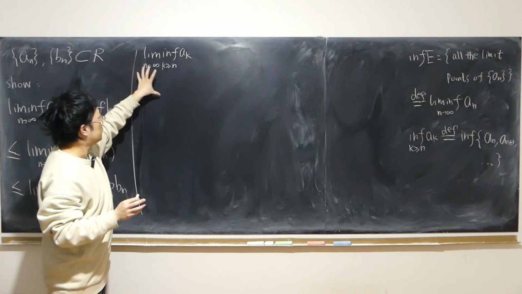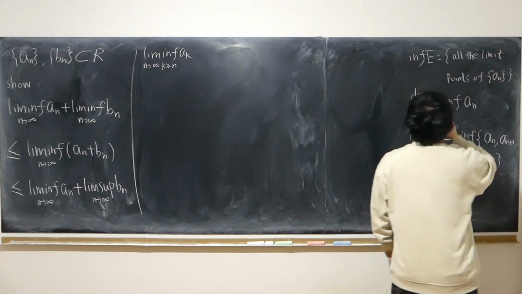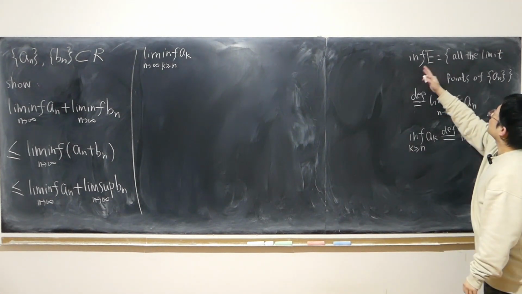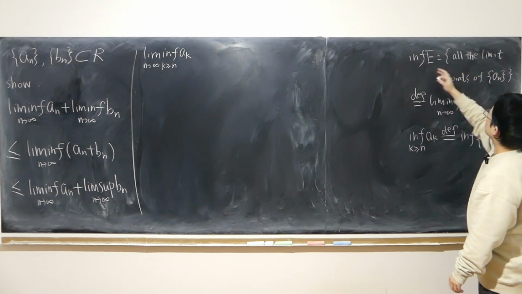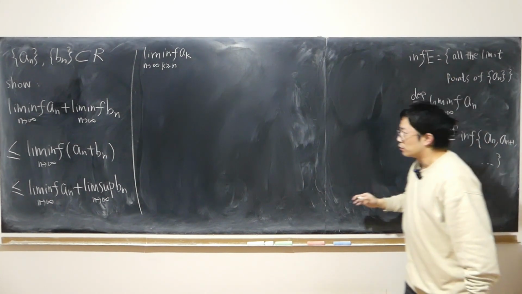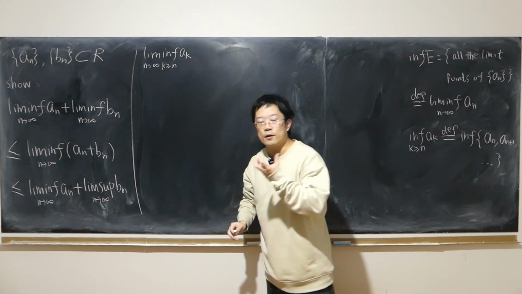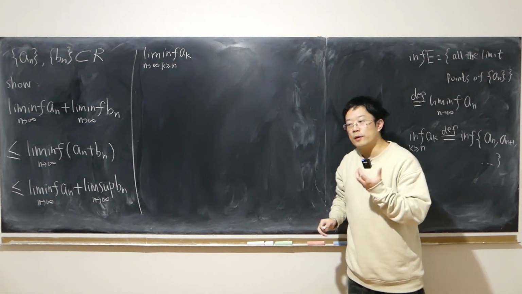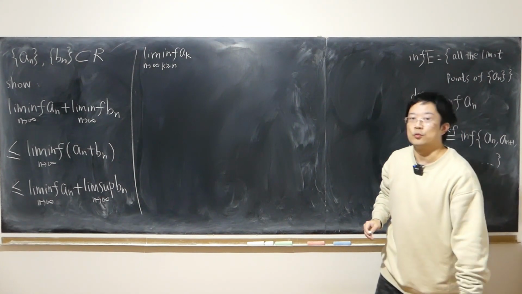And we can prove that the infimum of this set is actually equal to the limit of this infimum. They equal each other. Maybe I'll make a video in the future to prove it rigorously, but right now, let's just use the conclusion.